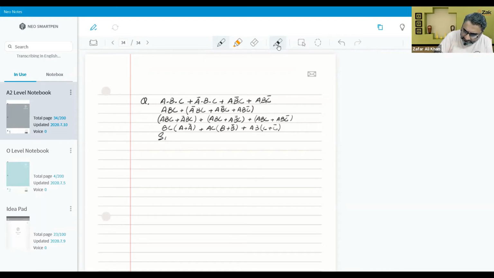अब since A plus A naught, B plus B naught and C plus C naught are all equal to 1, so we have B and C into 1 plus AC into 1 plus AB into 1.